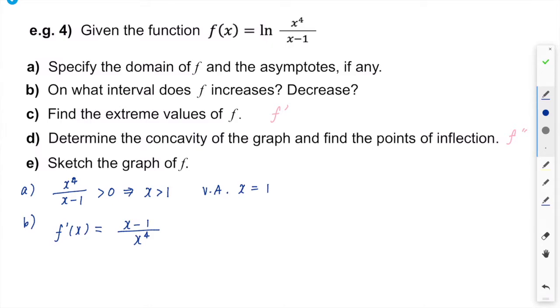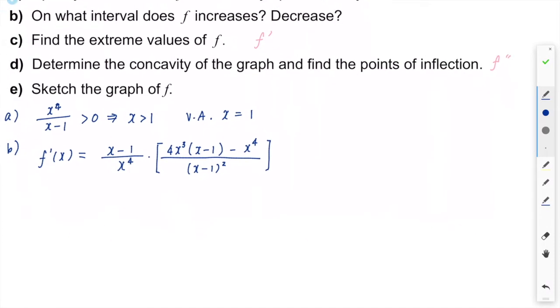And then we have to take the derivative of x to the 4 over x minus 1. We can use quotient rule. I have 4x cubed times x minus 1 minus x to the power of 4 times the derivative of x minus 1, which is 1. And then divide this whole thing by x minus 1 squared.